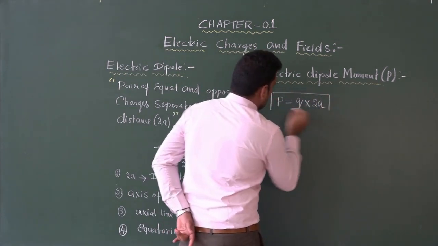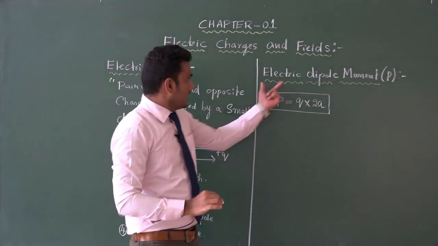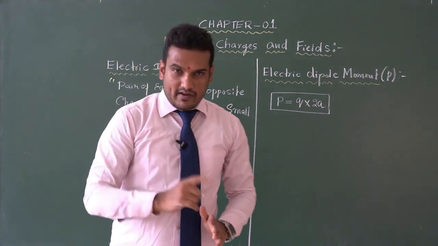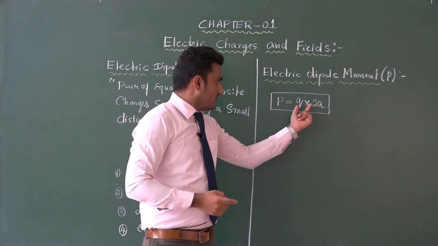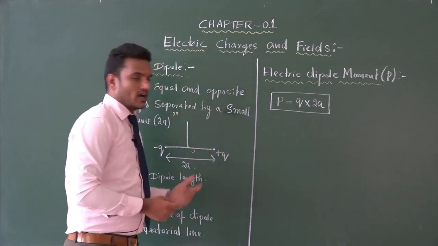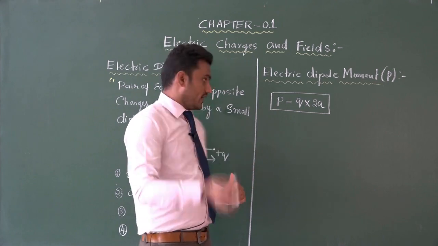So this is the equation for electric dipole moment: P is equal to Q into 2a.